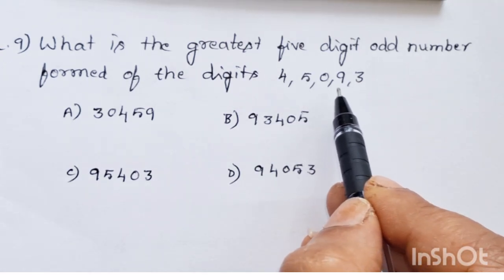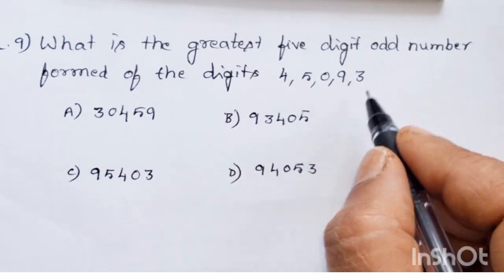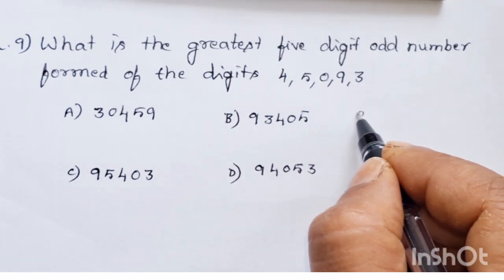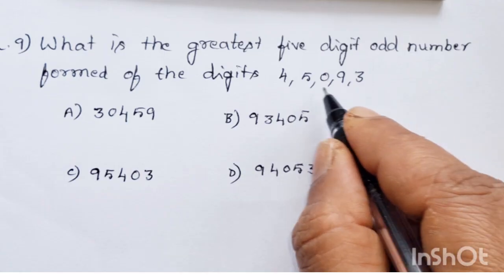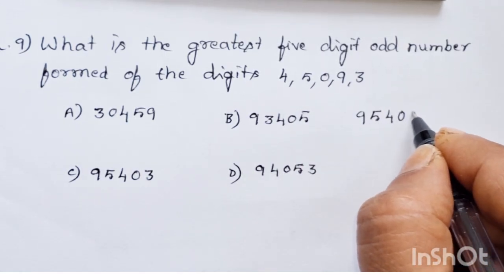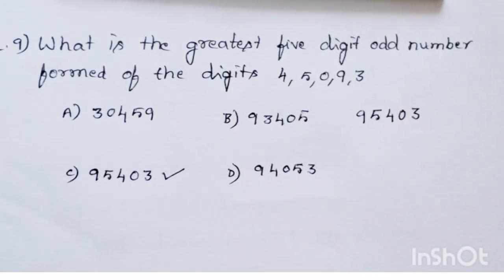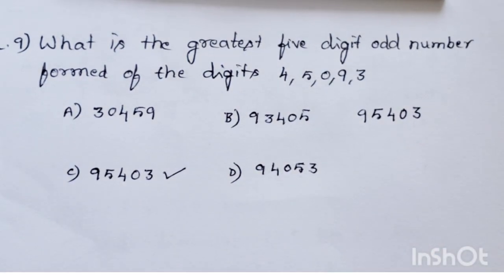Here there are 3 odd digits, 9, 5 and 3, but 9 becomes the first digit because the number must be greatest. Next it goes on in decreasing order, 5 and 4, 0, and the last digit must be 3 because it must be odd, and the correct option is 95403.